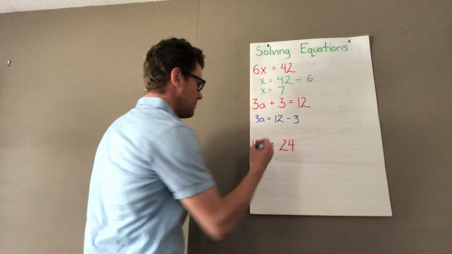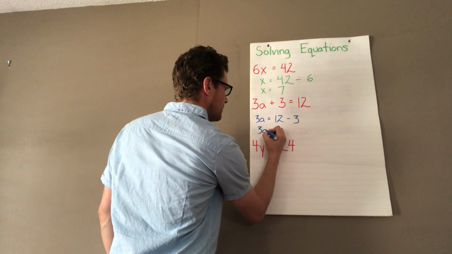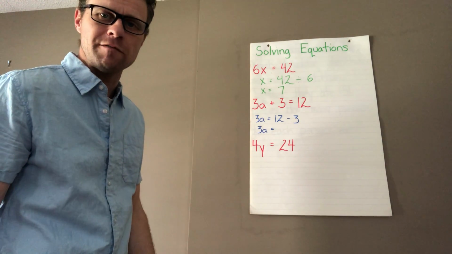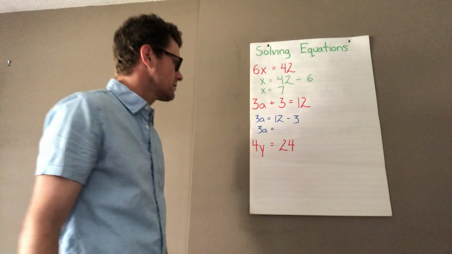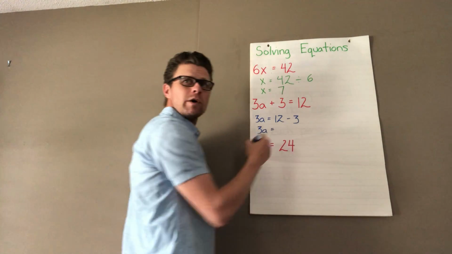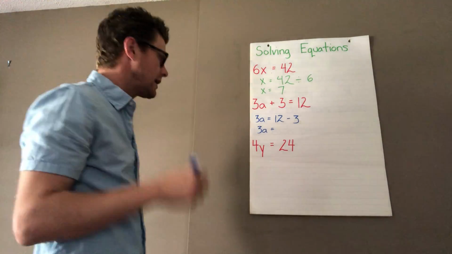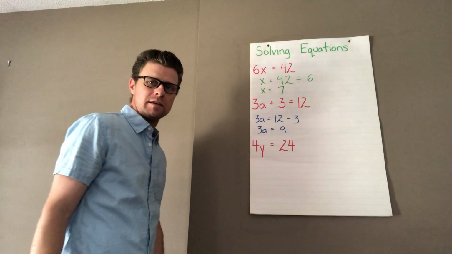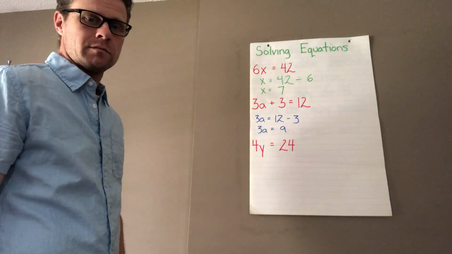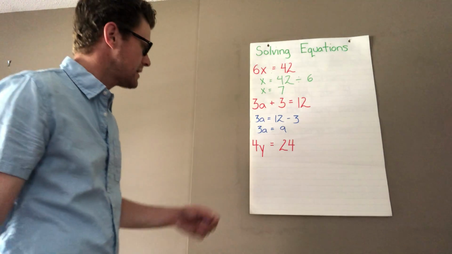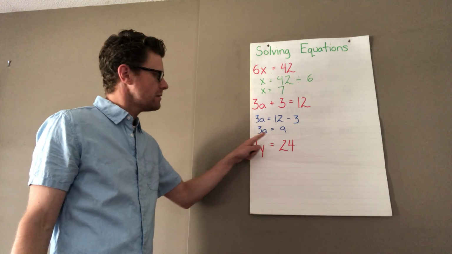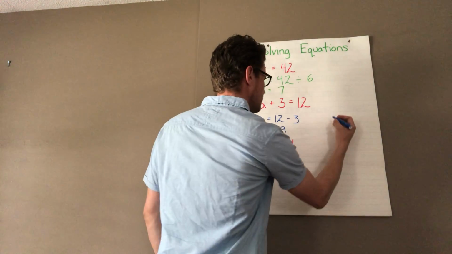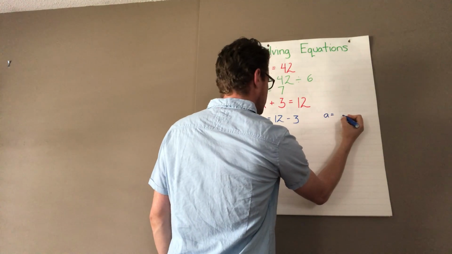Move on to the next step. Well, what is the difference between 12 and 3? I heard it somewhere. 9. You got it. 3a equals 9. But now we need to separate this 3 from the a. So a is going to be on its own.